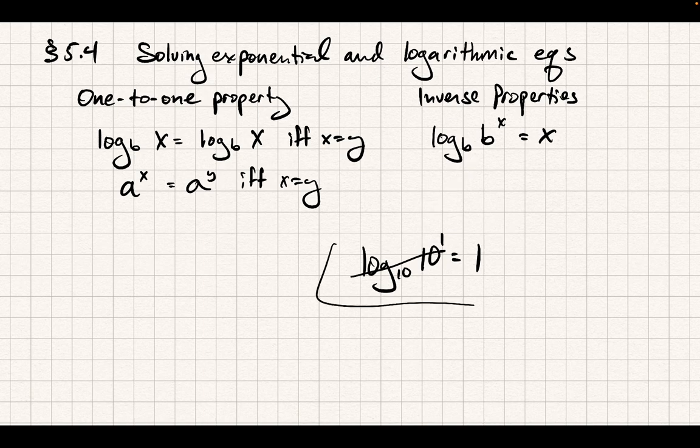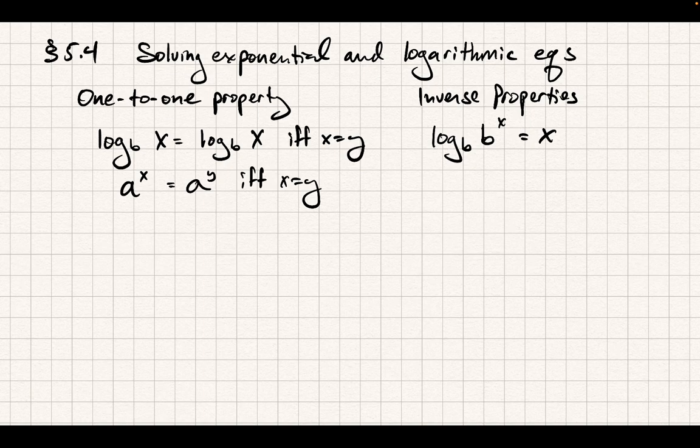So this is true for a specific example, but here's my general way of writing that. What's the other way of writing it? What else cancels? So this is log base b of b to the x.